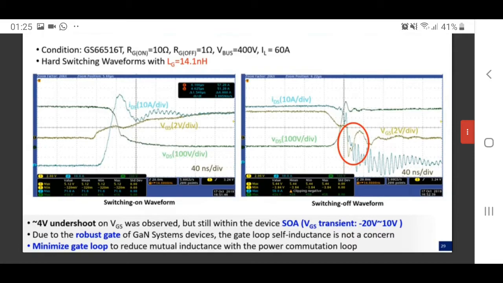But for GaN Systems GaN devices, if you heard that even 1 nanohenry inductance on the gate can cause a bad problem, that's not true. So in practice, we still suggest minimizing the gate loop to reduce the mutual inductance between the power loop and the gate loop. But the point of this slide is just don't overestimate the difficulty of laying out a GaN-based half bridge.